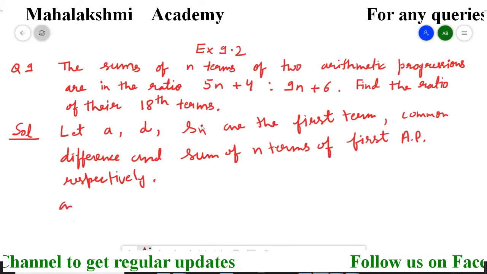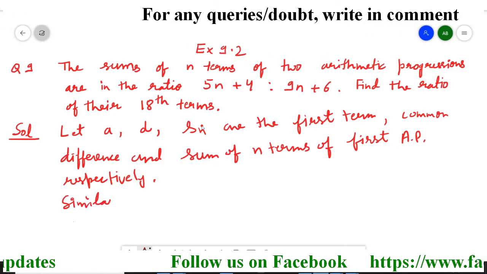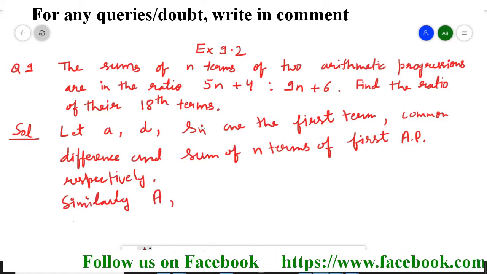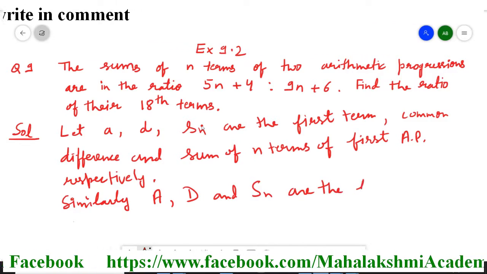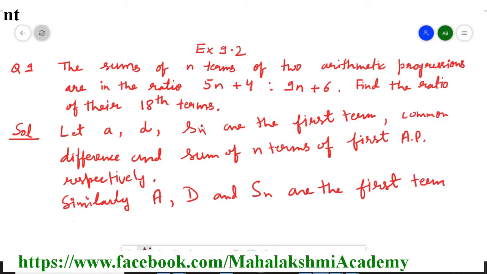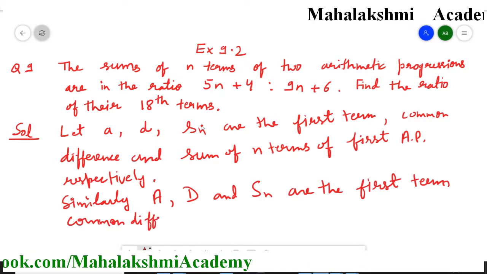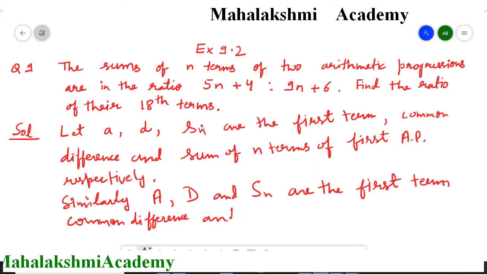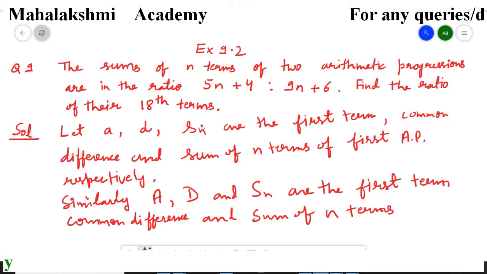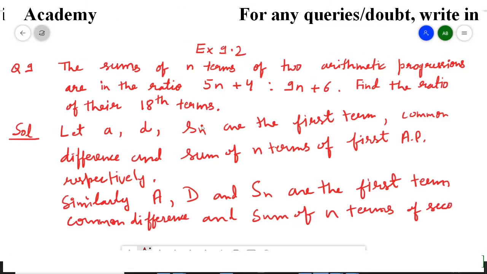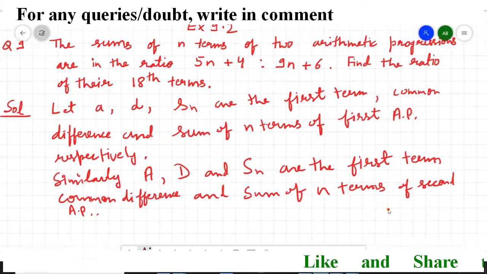Now similarly we will assume capital A, capital D and capital Sn are the first term, common difference, and sum of n terms of the second AP.